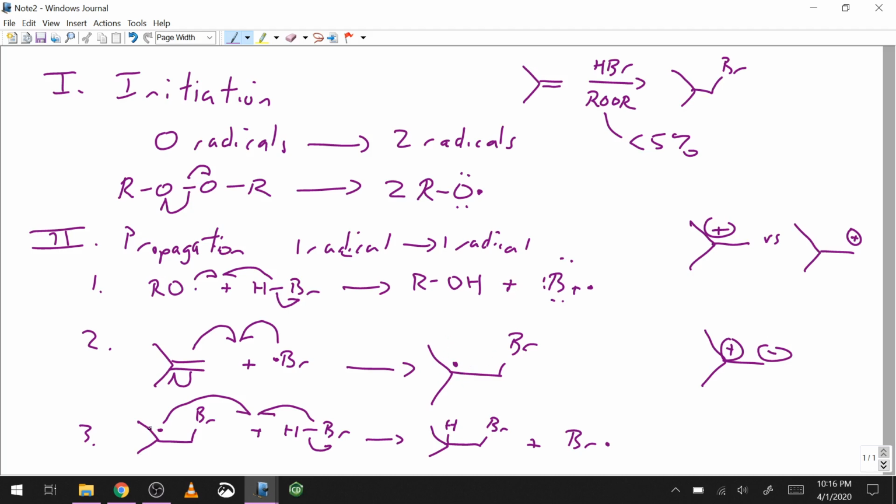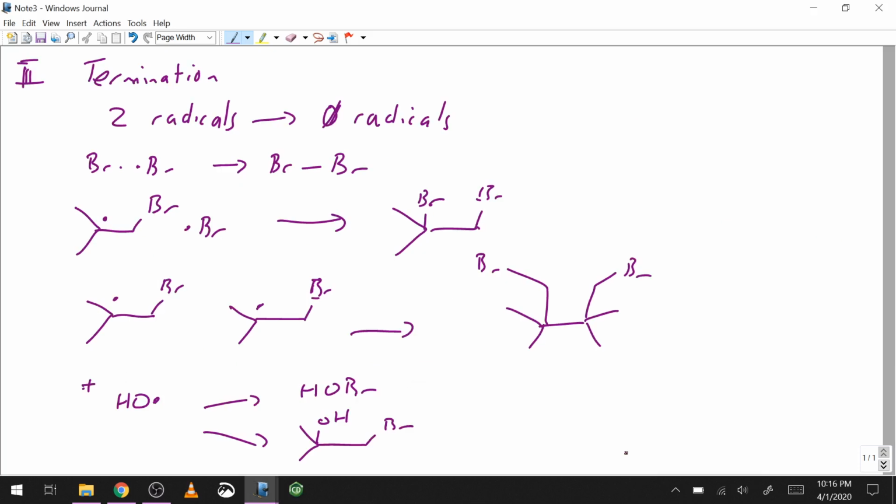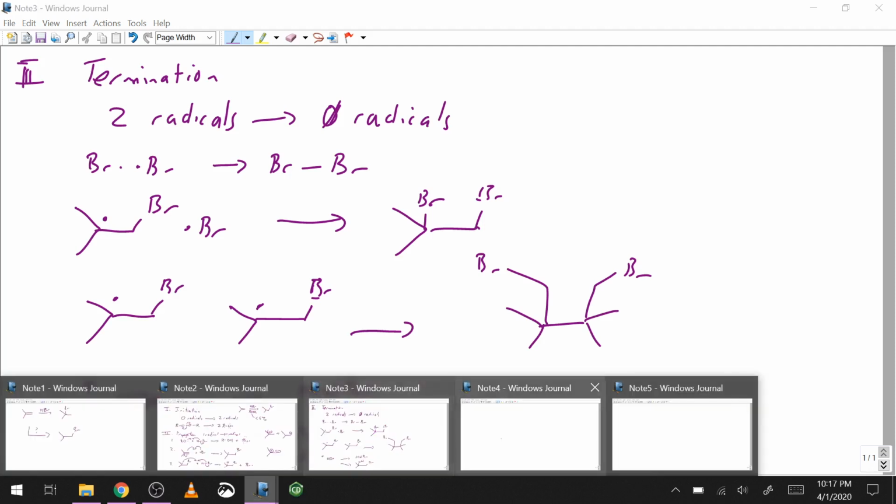Carbon radical, back to bromine radical. So I get something to keep the cycle going in every step. Termination, I don't get that. Termination, I got no radicals left at the end, and I killed off two chains that were going forward. So I want to minimize this as much as I can. So very important here, more so than any other type of reaction, must control concentration.